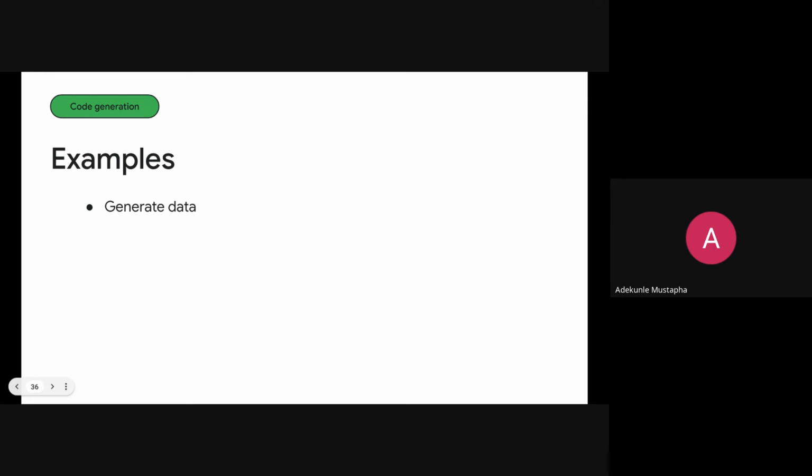You can also generate data, whereby we can ask the model to, let's say, generate a sample of US states and their population. You can even go further and maybe say you want popular cities in different states. You can also do that.